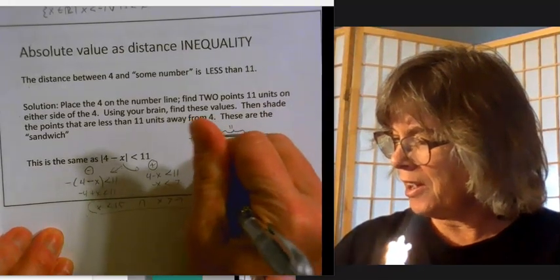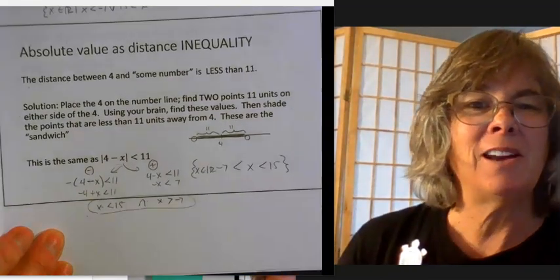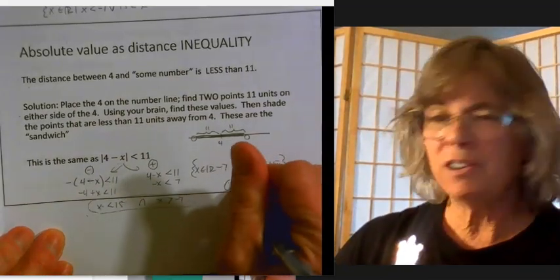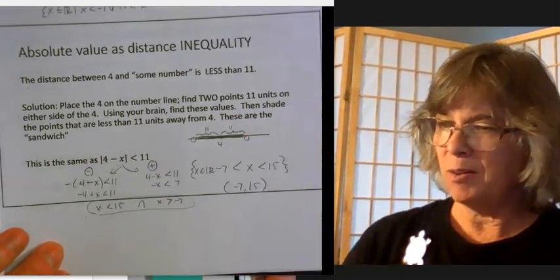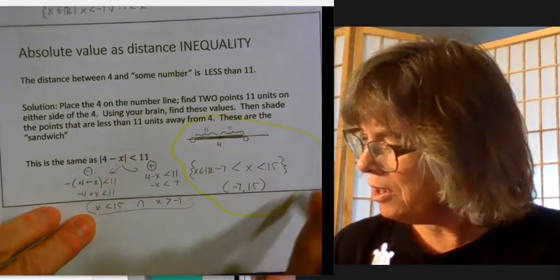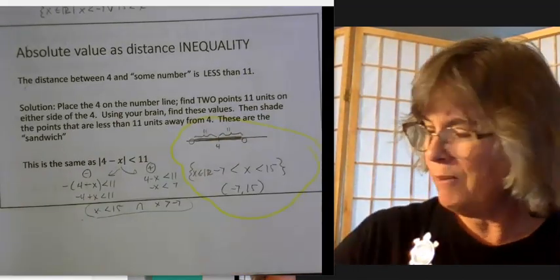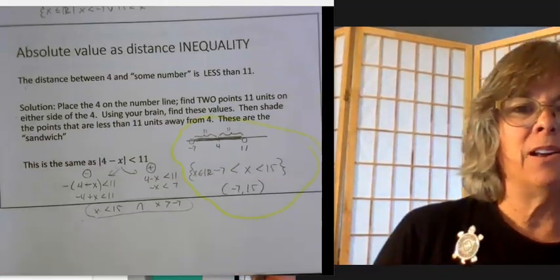And I can actually make a set builder notation out of that really quickly, or interval notation, -7 to 15. So let me actually, here's my 3 notations for the answers. It would be nice if I had included -7 and 15 here, but there you go.